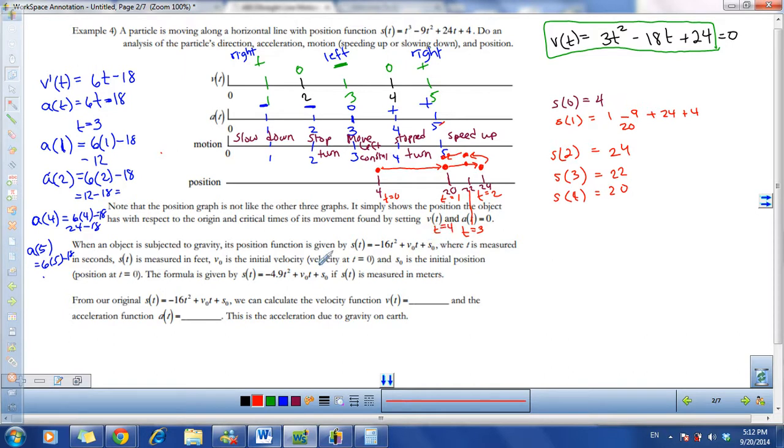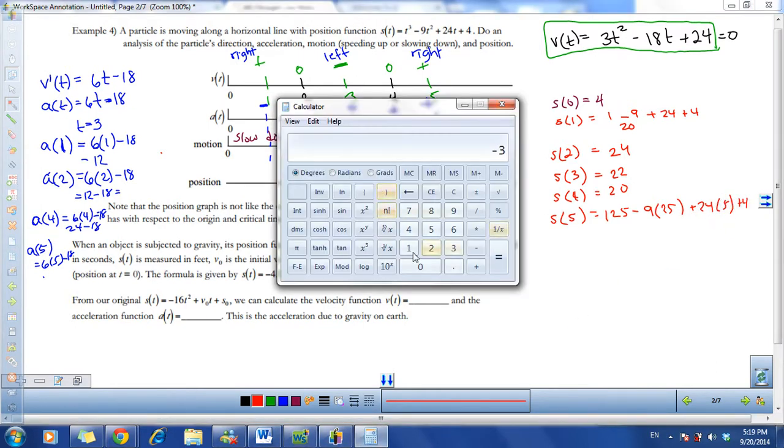And then at t equals 5, s of 5, I get 5 cubed, which is 125, minus 9 times 25, plus 24 times 5, plus 4.